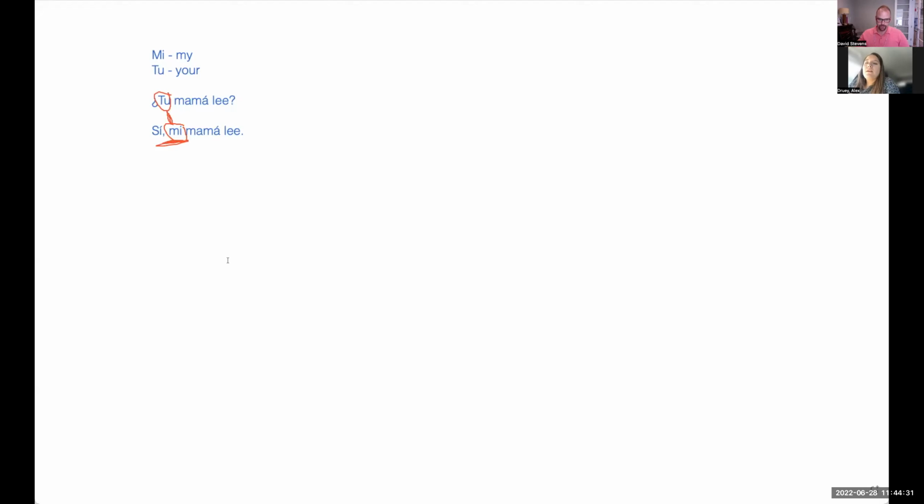Now, another thing. If we're just looking at sentence structure, sentence structure in Spanish is pretty loose. But if we have a negative, you have to do the word no plus the verb.